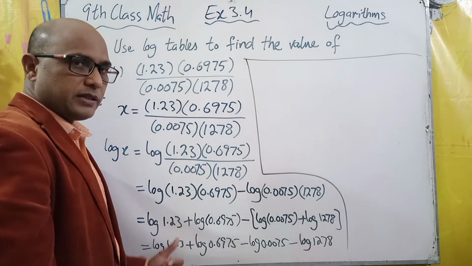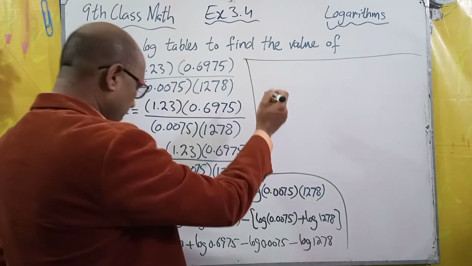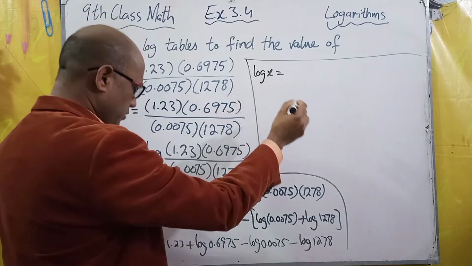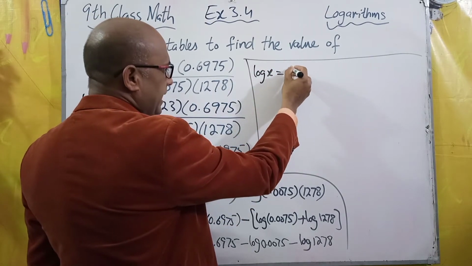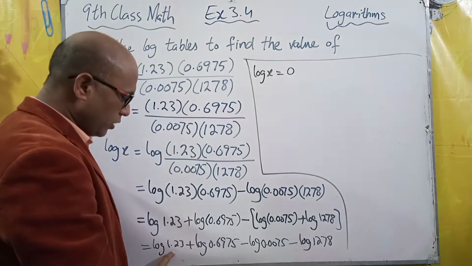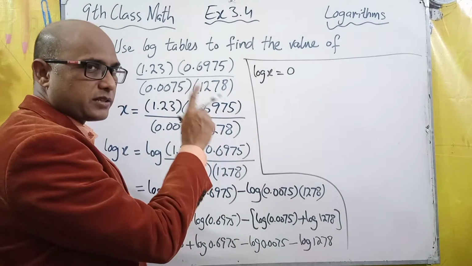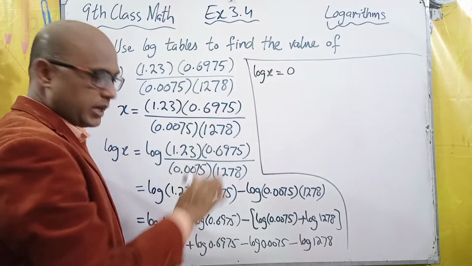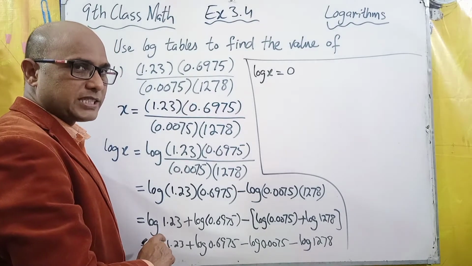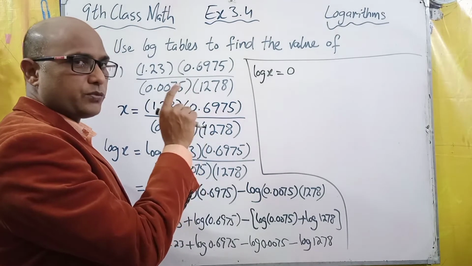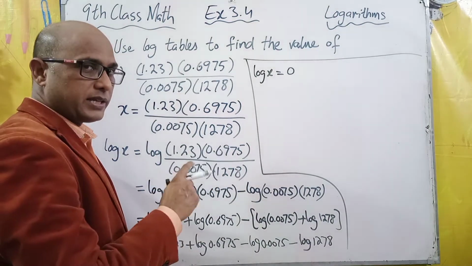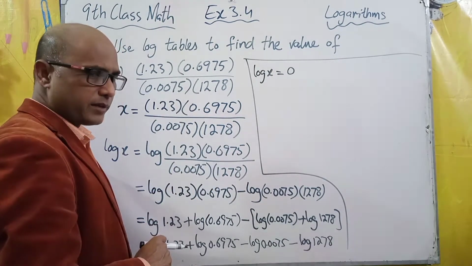So we'll write here log x is equal to, first of all, its characteristic. Because one number is before the decimal, its characteristic is 0. If there would be two numbers before the decimal, the characteristic would be 1, and so on. It will increase in the same way.